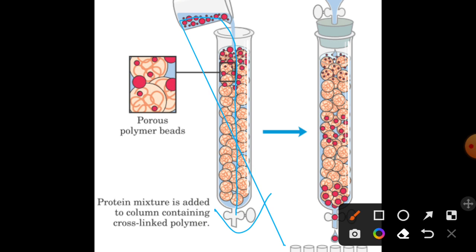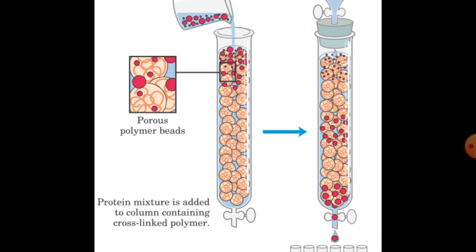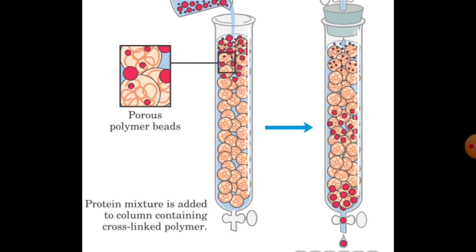As a result, I want to mention a very important thing that you need to keep in your mind, that in size exclusion chromatography you will get larger molecules faster than smaller molecules. That seems quite unusual, right? Because in case of column chromatography we get smaller molecules faster, after that larger ones, right? So here the idea is totally different.